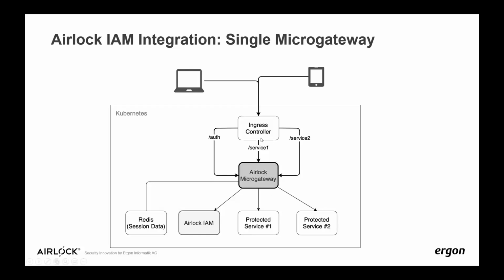And you see all the authentication calls would go through the same microgateway. All the protected services are behind the same microgateway, which, as I said, means as soon as one of the services or the Airlock IAM has to update, you have to redeploy this microgateway, and the other services are not connected or have a small interrupt too.